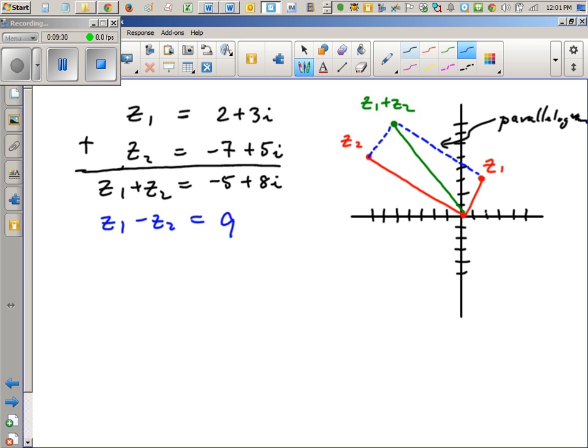What's 3i minus 5i? -2i. And you could plot that too if you wanted. Let me write that in purple. I'm kind of color coding everything today. I'm saying that you could do a subtraction and you get 9 minus 2i. And that too has an interesting geometrical interpretation.